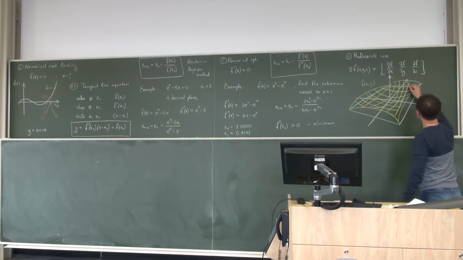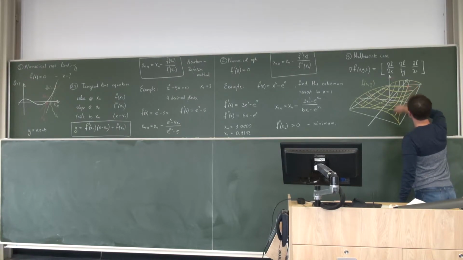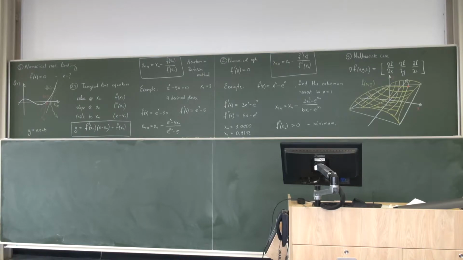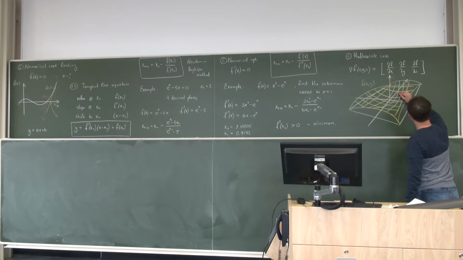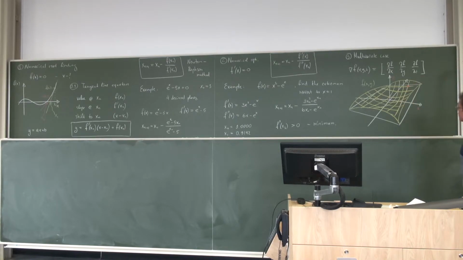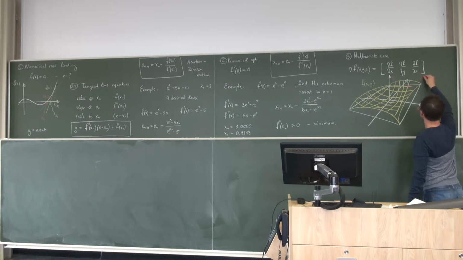So let us begin, for example, at that point. We would know the direction of the gradient. It will be a vector that points roughly along this line. In that direction, the function grows. In this direction, the function drops.